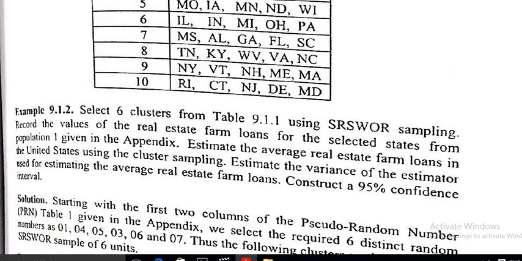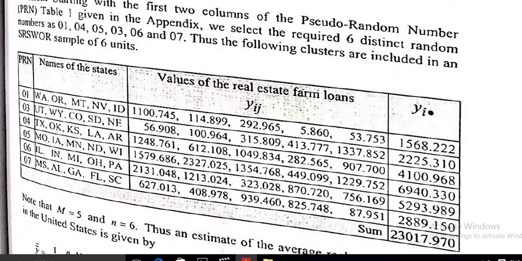Now, the problem is to select 6 clusters from the above table using simple random sampling without replacement, and record the value of real estate farm loans from the selected states from the above population. The value of the real estate farm loans from each state is given here.